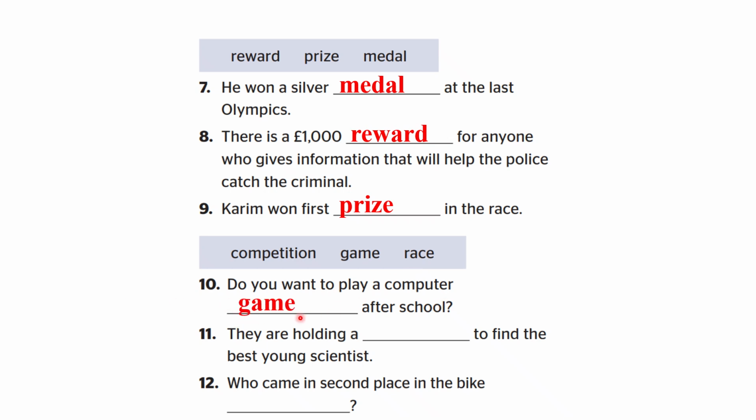Of course, game. And sentence 11, they are holding a competition to find the best. So the best means winner. And who came in second place? So second place, first place, third place, these are all in a race. Okay, good.